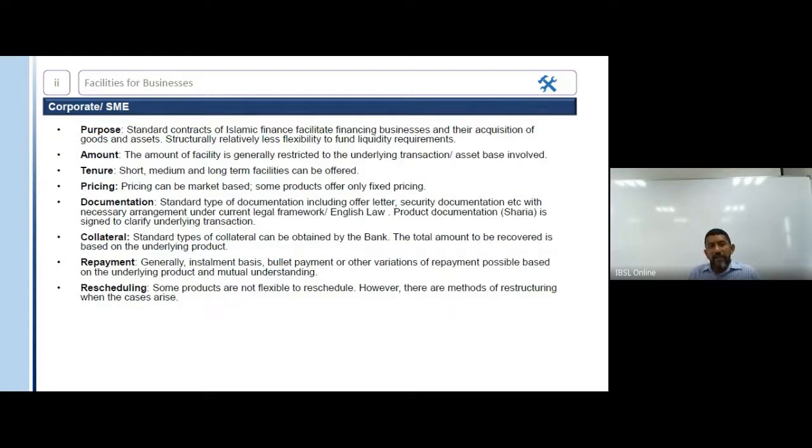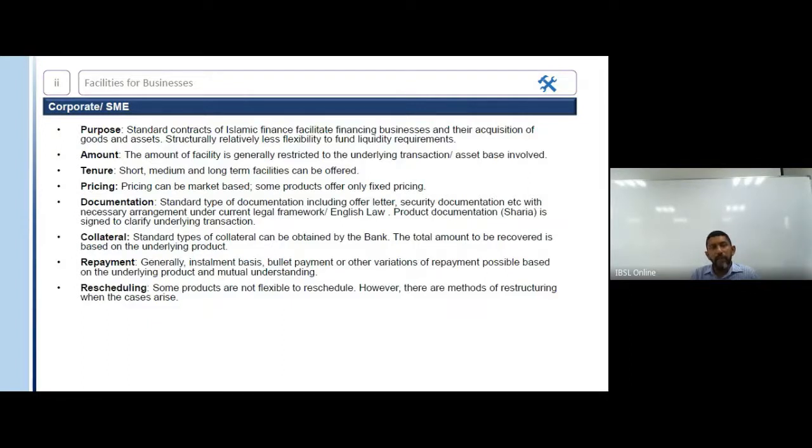So in general, the standard structures of Islamic finance are biased towards facilitating funding for asset financing, and funding for, let's say, working capital requirements related to the working capital cycle of purchasing inventory, processing, finding finished goods, selling, and recovering. And less so focused on liquidity products.